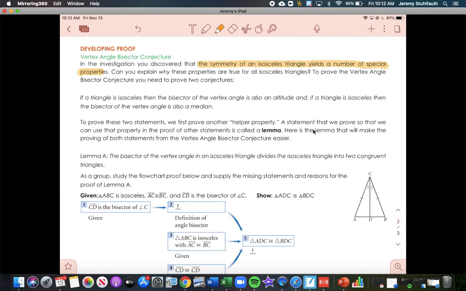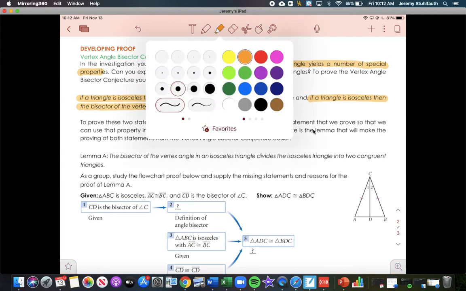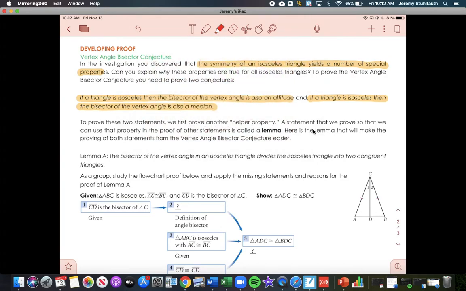Those conjectures are: if a triangle is isosceles, then the bisector of the vertex angle is an altitude, and if a triangle is isosceles, then the bisector of the vertex angle is also a median. So we need to prove these two statements. In order to do that, we are going to need to prove one other thing, what's called a helper property.